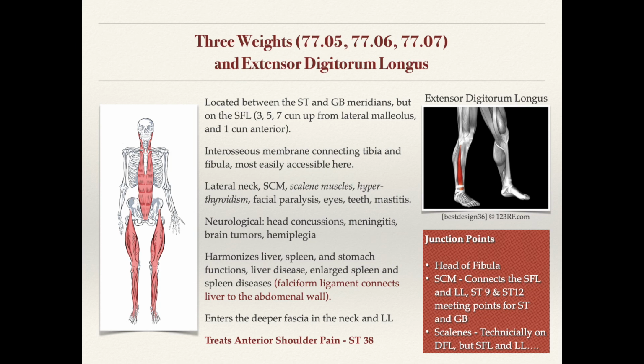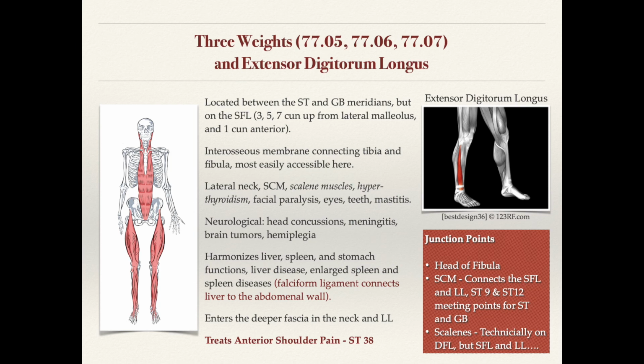Now, they're located between the stomach and gallbladder meridians. So we have knowledge of where the stomach and the gallbladder meridians are, but these points are interesting because they're right in the middle of the two of them. And the way that we find them is that we go above the lateral malleolus, 3 sun, 5 sun, and 7 sun.